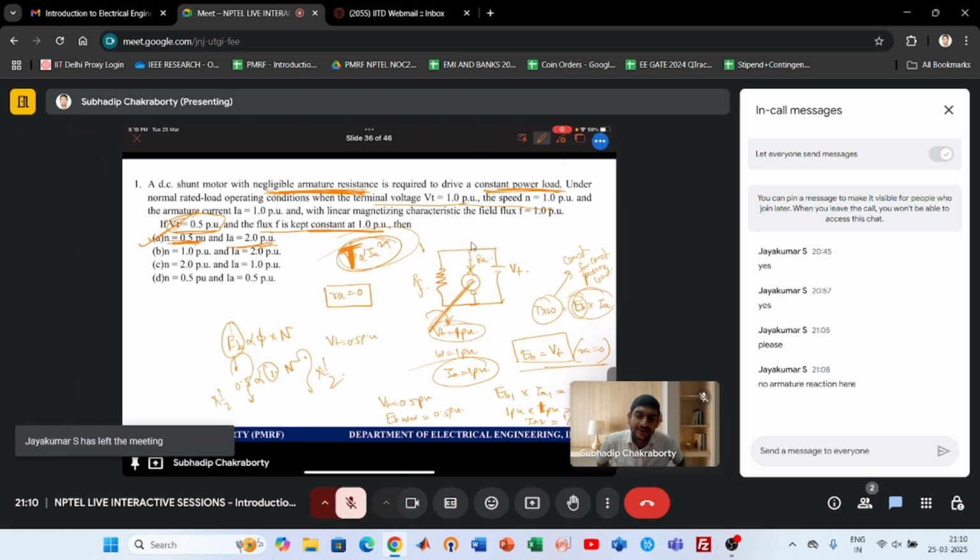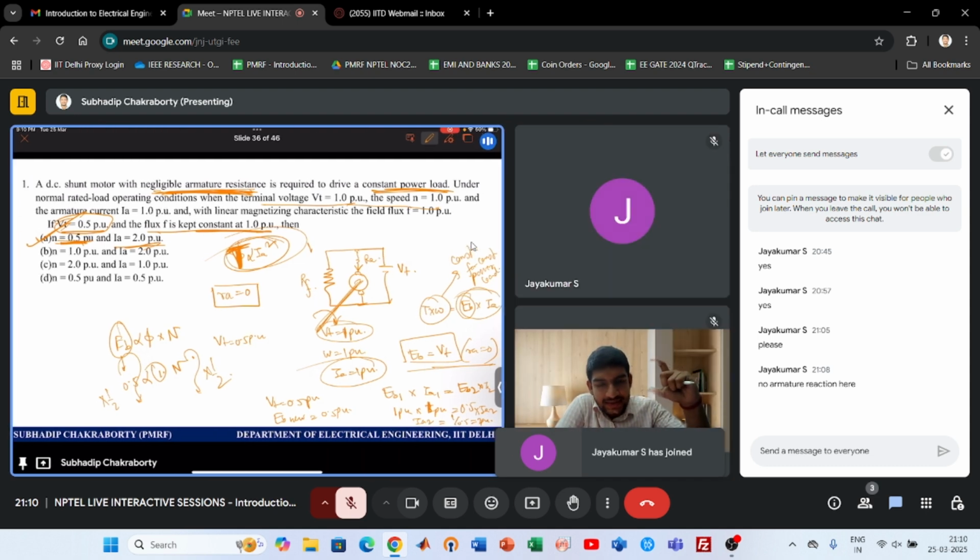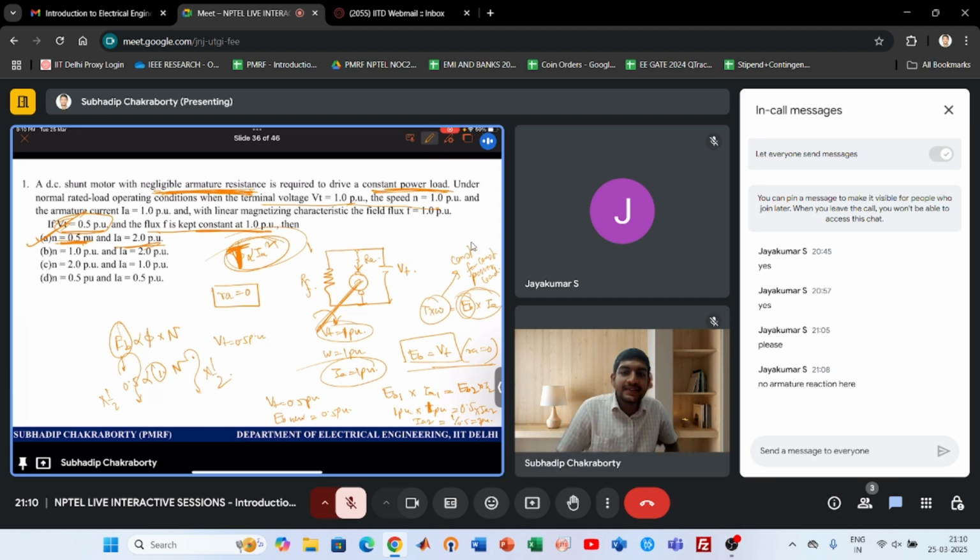then the flux can be assumed to be constant, right? Because it is a shunt machine and you are impressing constant voltage across the terminals of the machine. Then for a constant voltage, if armature reaction is neglected, your flux is still constant, right? So that is the significant flux that is created from the field coil.